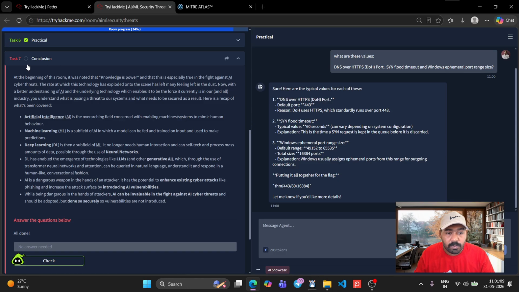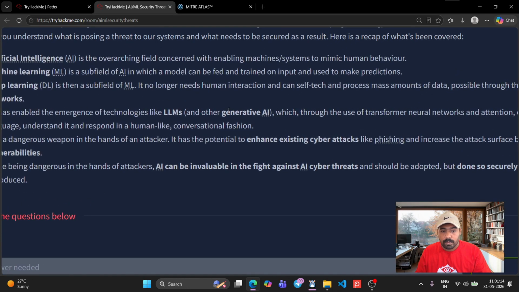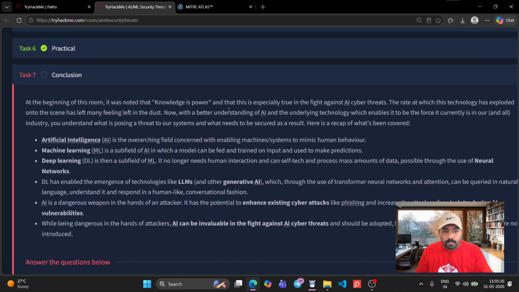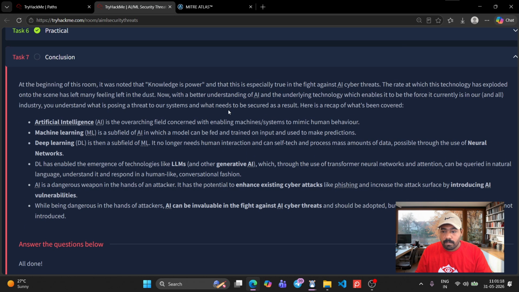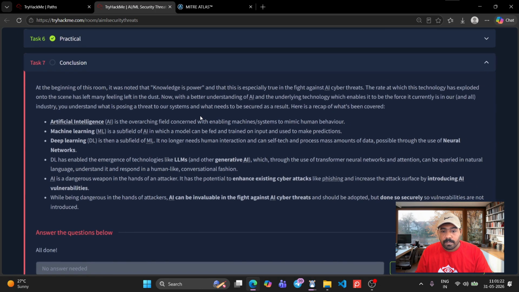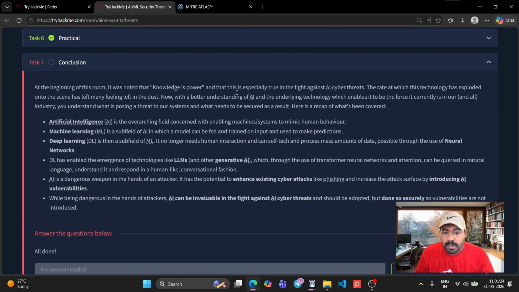So the conclusion for this particular lab: at the beginning of this room, it was noted that knowledge is power, and that this is especially true in the fight against AI cybersecurity threats.